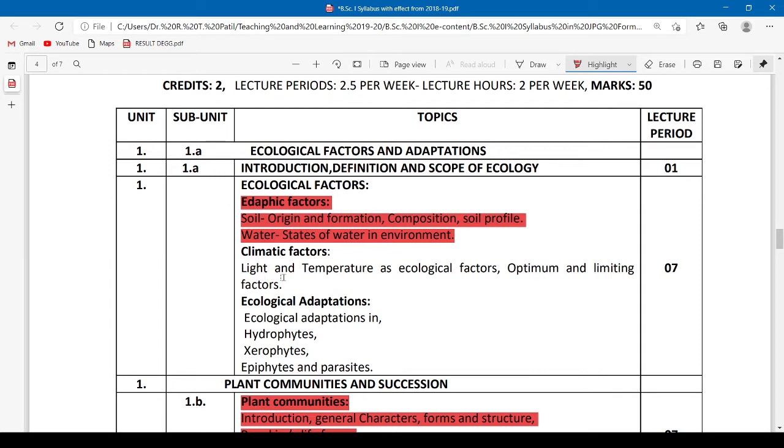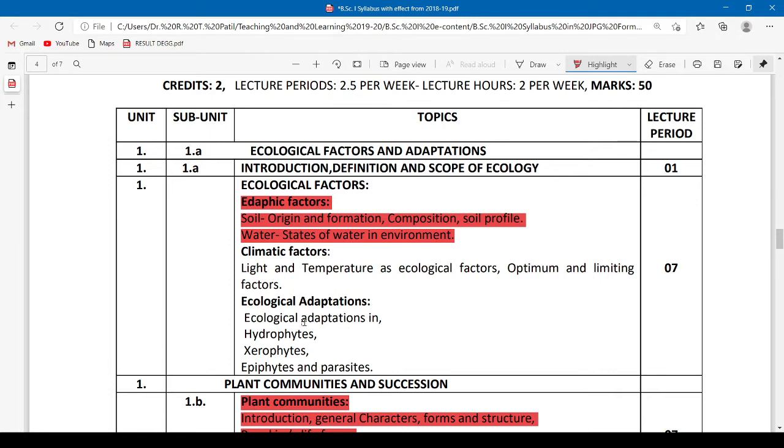These two factors, light and temperature, are studied as ecological factors, and in that, what is the optimum factor of light, what is the limiting factor of temperature, all these concepts are to be studied in this topic.